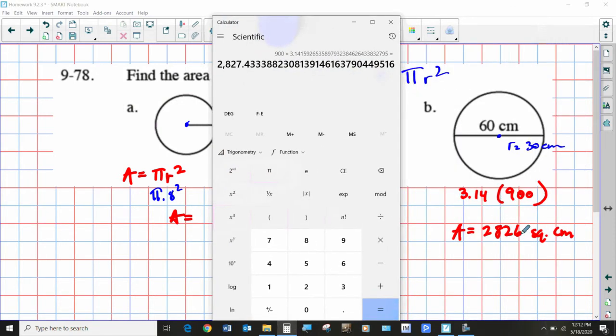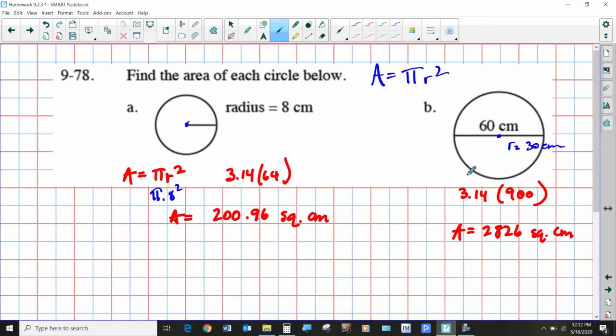Well, it's about 1 more square centimeter. If I just use the 3.14, which is a little bit less than pi, times 900, that's when you get this answer here. So either one of those answers is okay. Somewhere in the 2,826.27 range is the area of a circle with a diameter of 60 centimeters.